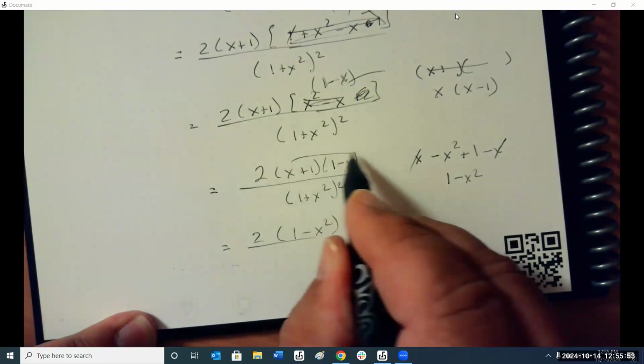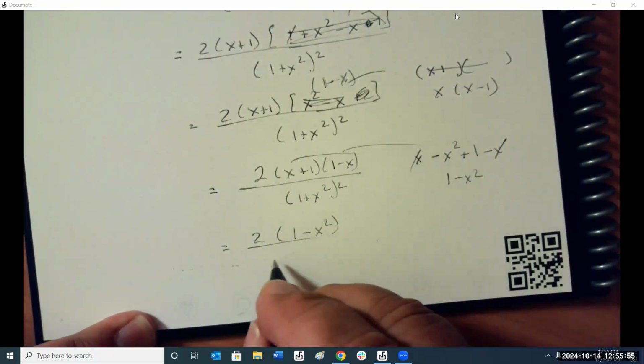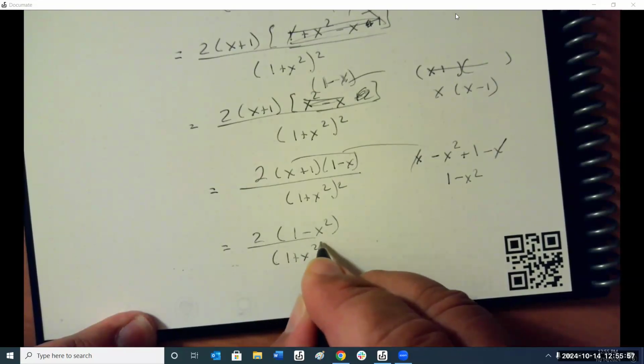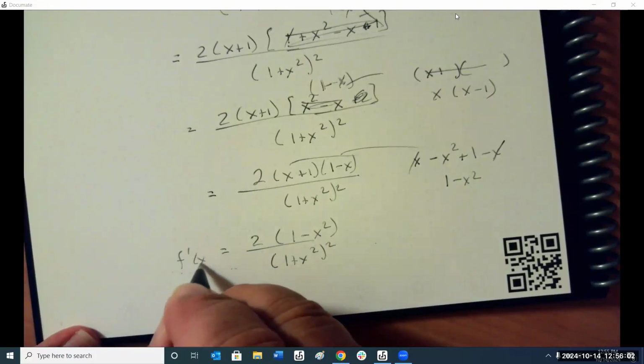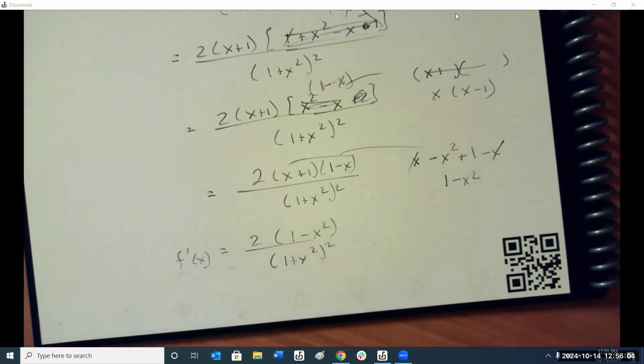I just took these two and multiplied them out. That's my first derivative.